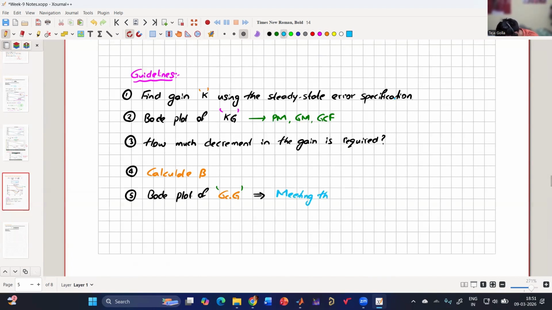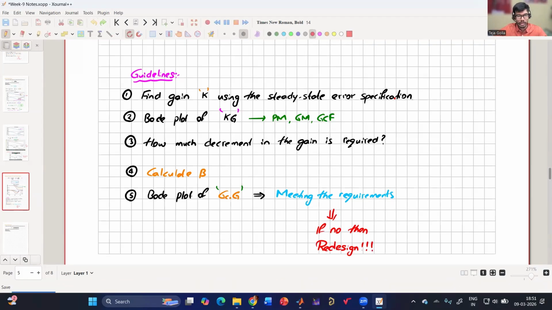If it is not meeting the requirements, if no, then we'll redesign, and then we will see whether we are meeting the requirement.